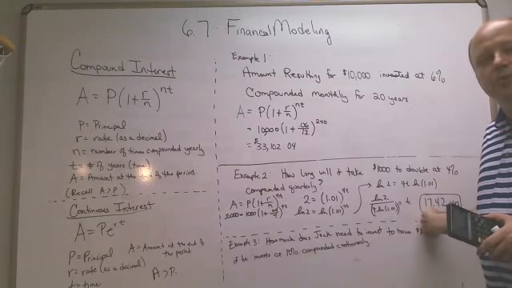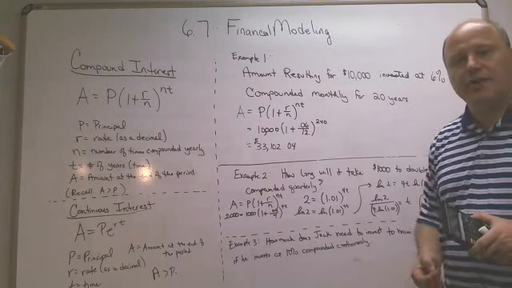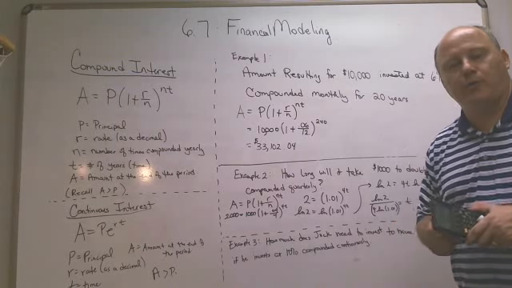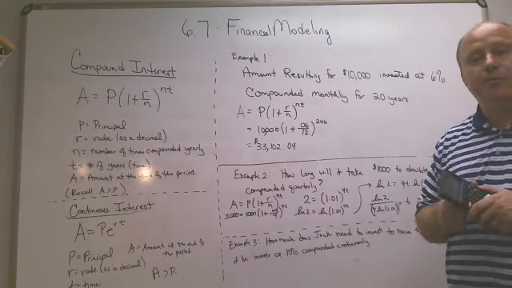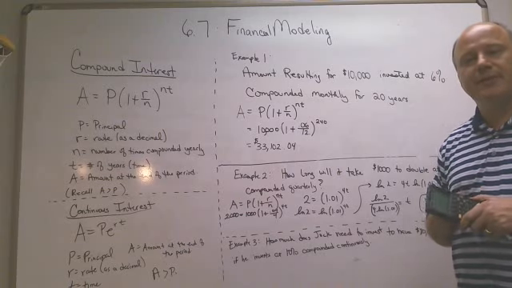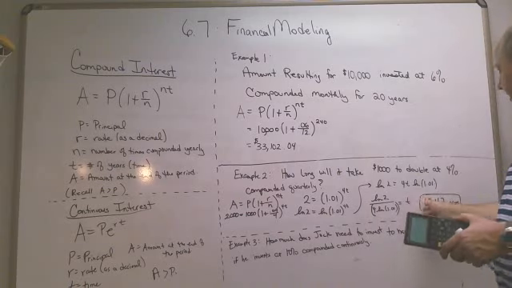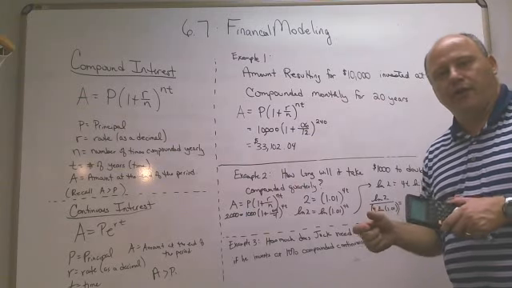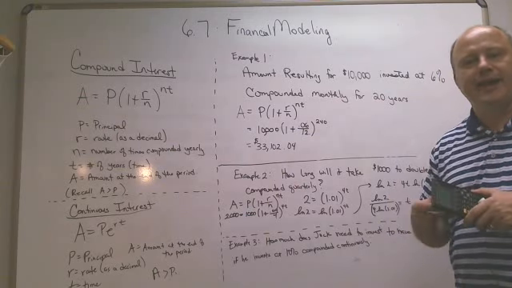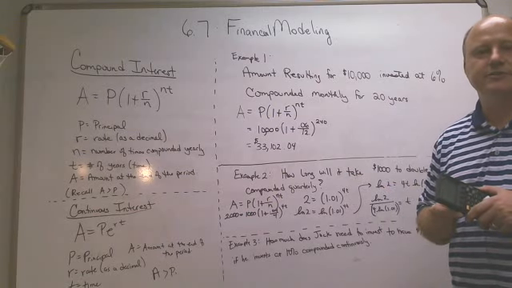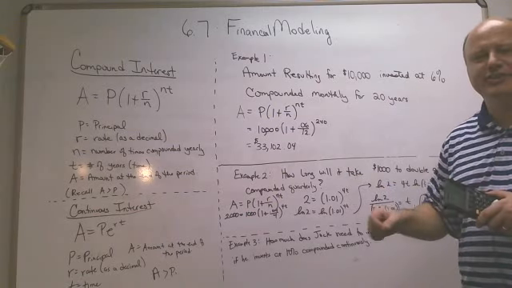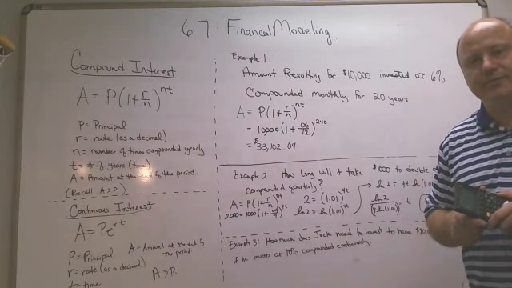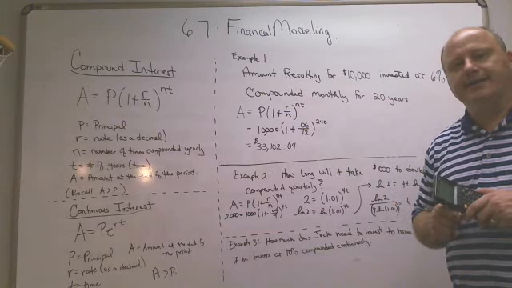So when they're born, if you think $100,000 is sufficient to send a kid through school, then you better be willing to dish out $50,000 at that point, because then $50,000 would grow to $100,000 in this amount of time. So it's a nice way to figure out your finances down the road under certain situations. This is assuming that you never pull the money out of the bank, and assuming the interest rates never change on you, which they do, but it gives you a good idea at least.